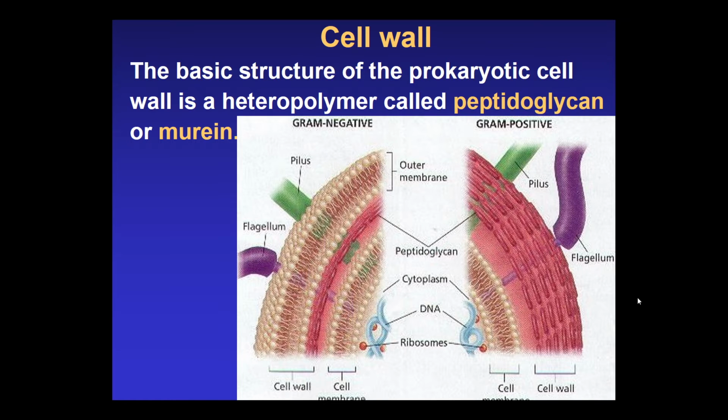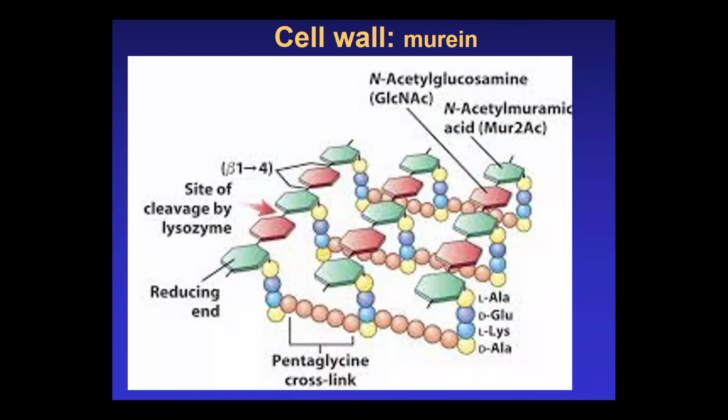It consists of the peptidoglycan layer, or briefly it is called murein, and is lying above the inner cell membrane. But then the appearance of this peptidoglycan is a bit different.